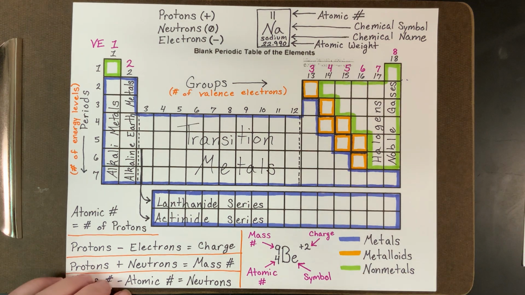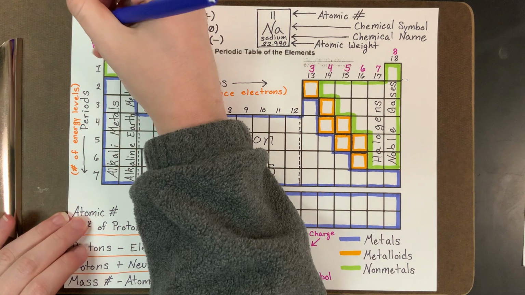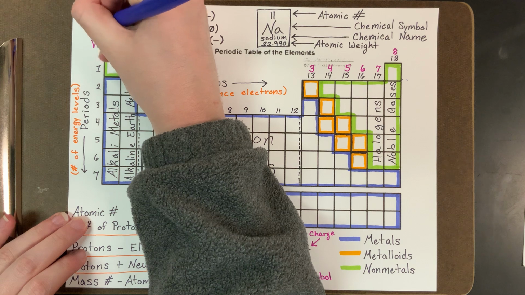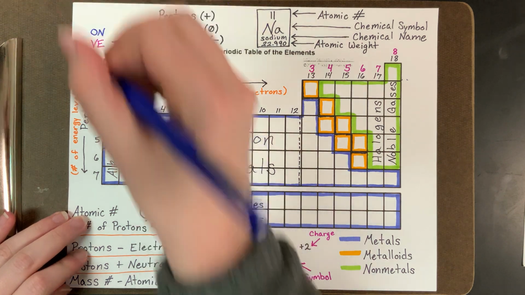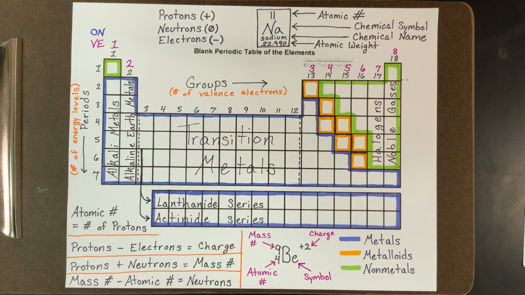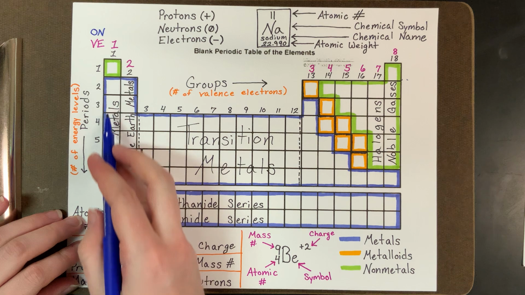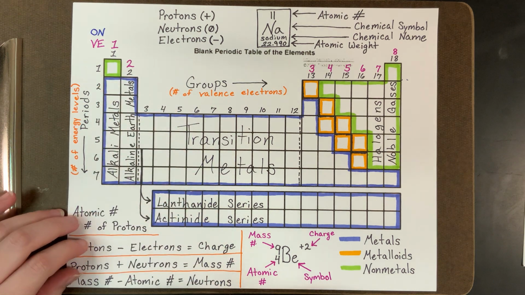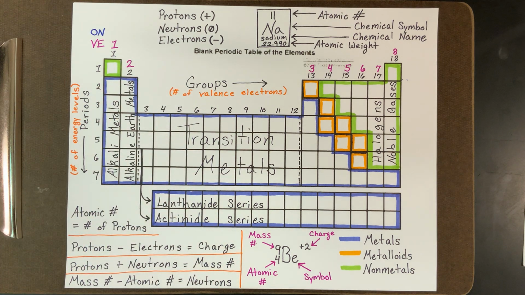So because every element wants to gain or lose electrons to achieve that magical number 8, we end up with charges. And so your charges are referred to as the oxidation number. I'm going to use ON to represent that. So if I'm looking at group 1 that only has 1 valence electron, it's more likely to lose that electron than it is to gain.